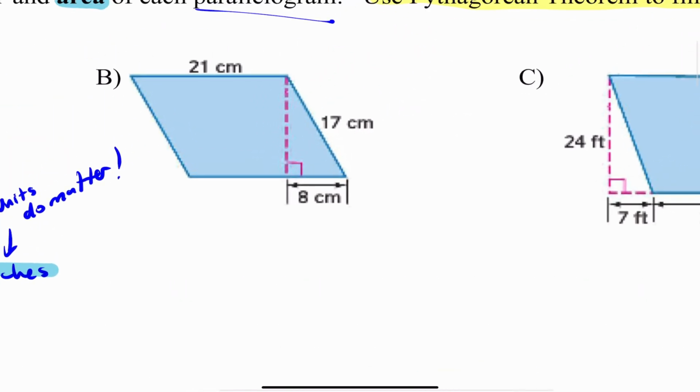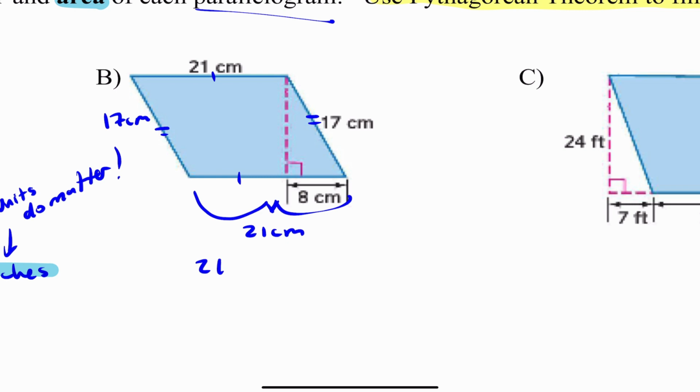For B, I have a parallelogram. Remember, since this is a parallelogram, opposite sides are congruent. So if this is 21 centimeters, then this side length here is 21 centimeters. If this side length is 17 centimeters, then this side length here is 17 centimeters. So I can just add up all the sides here.